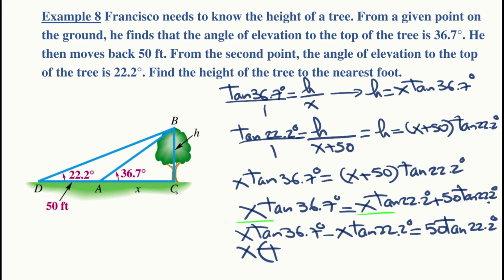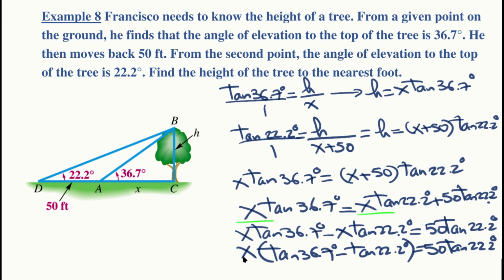So I get x times tangent of 36.7 degrees minus tangent of 22.2 degrees equals 50 tangent of 22.2 degrees. We're almost done. All we're going to do now is divide both sides by this coefficient of x, and we'll be good to go.